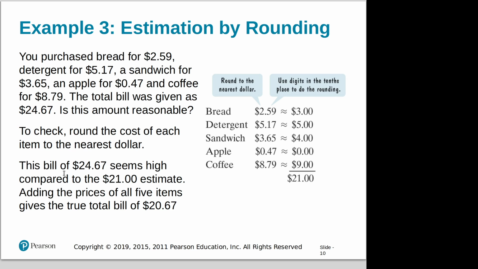Apologize, the problem in the book was saying, hey, you were mischarged something. I will say one of the things I tend to do when I'm doing this is I would always round up so that I never undercount. But that's because I want to make sure I have enough money when I go to the register.